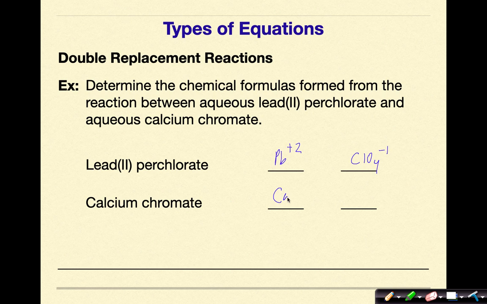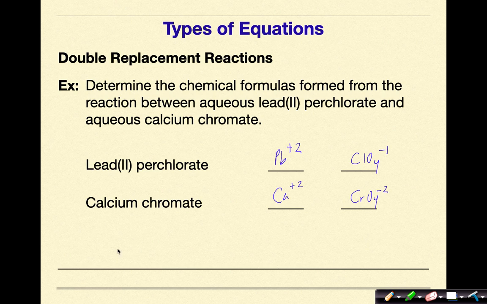We have calcium, Ca plus 2, and then we have chromate, CrO4 minus 2. Knowing the reactant compound ions is essential to be able to predict the formulas for our products. And those product formulas are not given in this word equation, either as words or as formulas. We have to predict them. So it's essential that you translate these names into ions before proceeding.